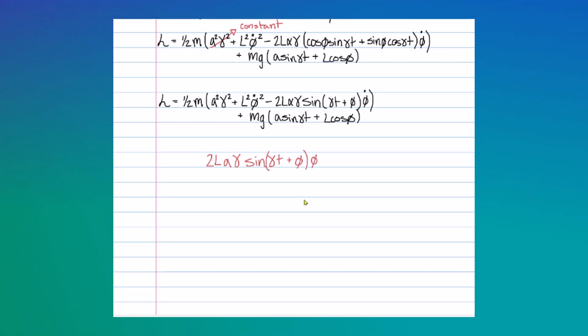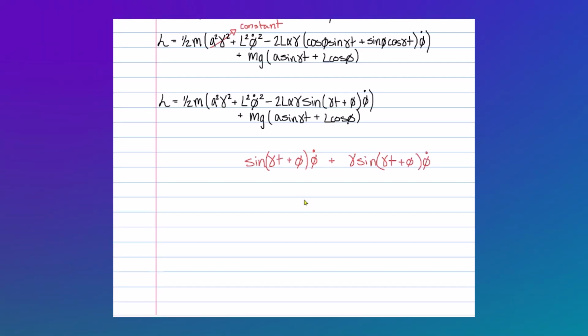And we are going to use this trick in order to eliminate the phi dot from our Lagrangian, or one of the terms of our Lagrangian, utilizing the fact that the Lagrangian is not changed if we add an overall derivative with respect to time.